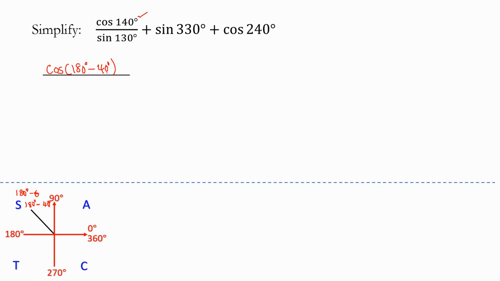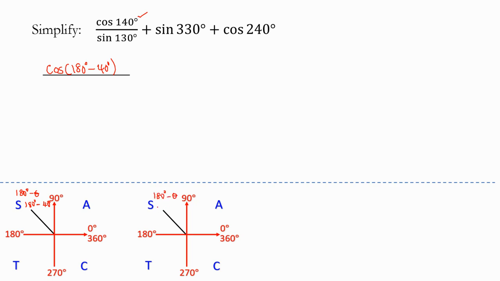We go to the next component, which is sine 130 degrees. Which quadrant is it? It is between 90 degrees and 180 degrees, isn't it? So again, it's going to be in the form 180 degrees minus theta.